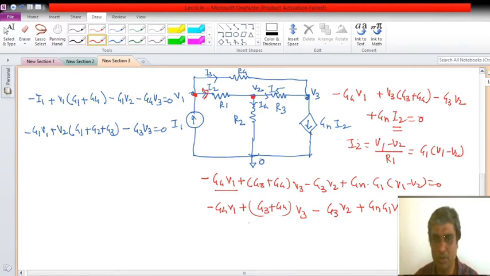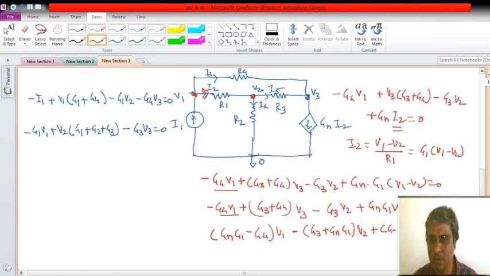Taking V1 as common, the coefficient will be G1 minus G4. For V2 it will be minus G3 plus G1. Then plus G3 plus G4 V3 is equal to 0. So I got it in terms of V1 0, V2 0, V3 0.